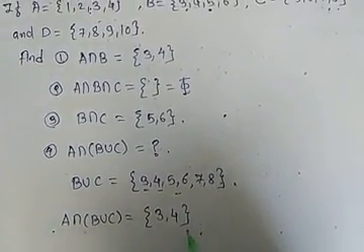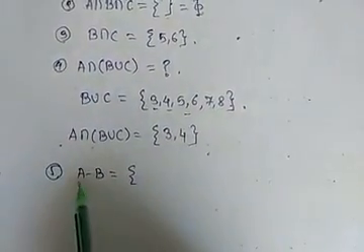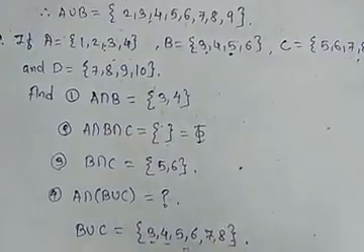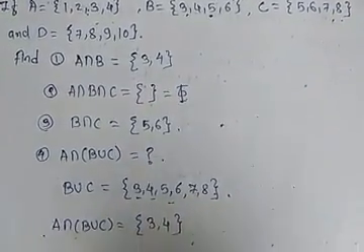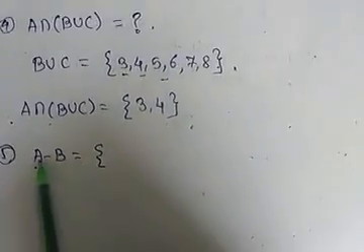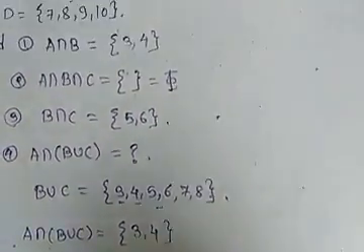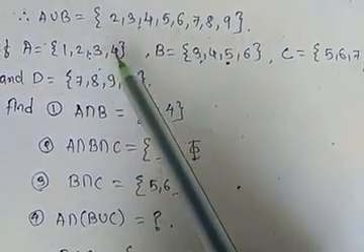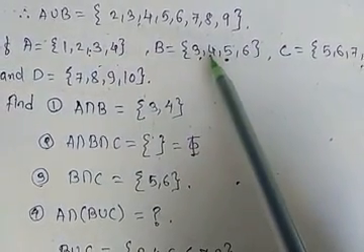Okay, now if we have to find A minus B from the given sets, we have the definition: x such that x belongs to A but does not belong to B. The elements of A are 1 2 3 4, in which 3 and 4 are common elements present in both.